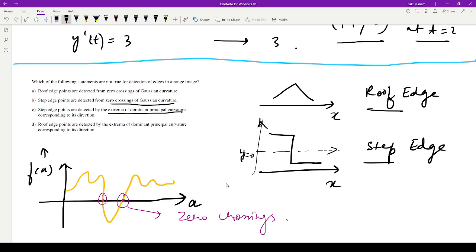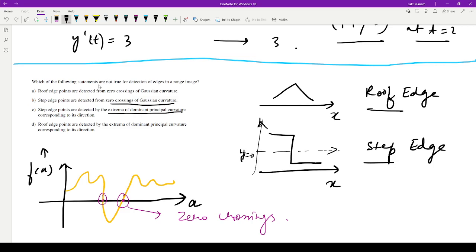Intuitively, if you put it back to the space where it varies in only one direction, for the step edge you keep y equals 0 and check for zero crossings. For the roof edge, you're trying to find some maxima, right? Yes, sir. This maxima gives us some edge in the higher dimension. So these are the intuitive explanations.